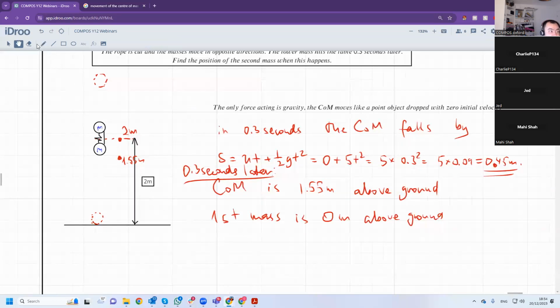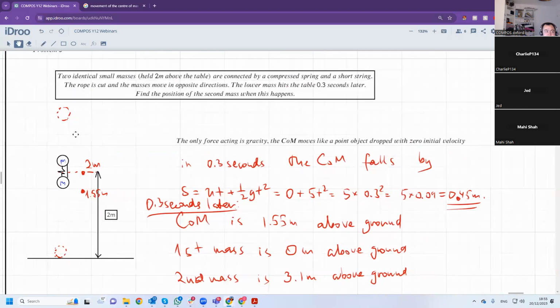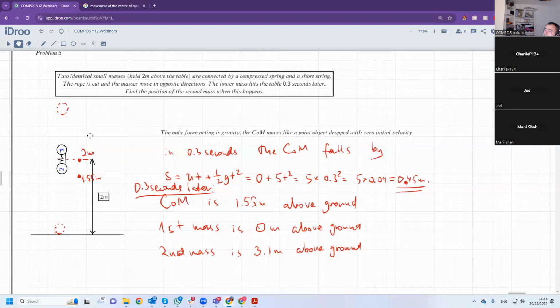And so the second mass must be, because they are identical, 3.1 meters above ground. That's it. It's quite cool, isn't it? Like a problem that seemed incredibly difficult turns out to be very benign when you consider the movement of the center of mass.